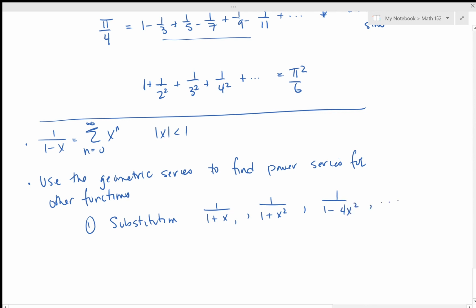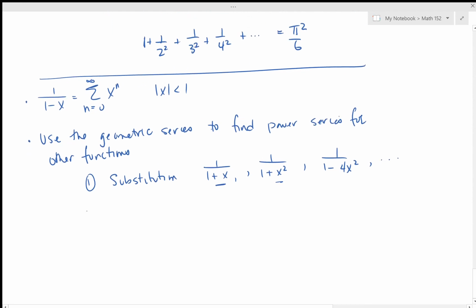Any of these kinds of flavors where you can see that you can substitute something here. You have 1 over 1 minus something, that then you can make a substitution. So that is one method. We saw that we could use differentiation. And we saw that you can use integration.